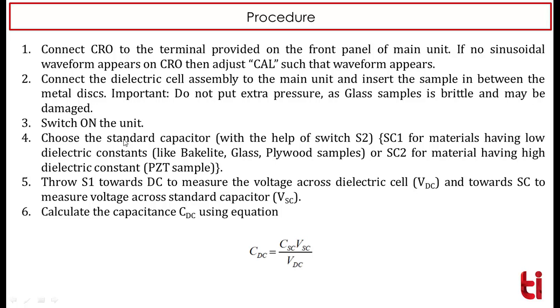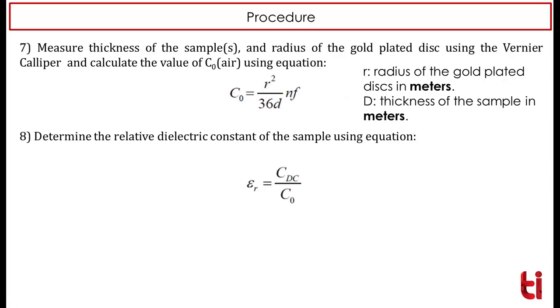Once it has been done, we toggle the switch between VDC and VSC and measure the voltage, and using those values we determine the value of CDC. Taking the value of C naught, which we have determined using the vernier caliper measurements of the radius and the thickness, we obtain the dielectric constant by putting in the calculated values of CDC and C naught.